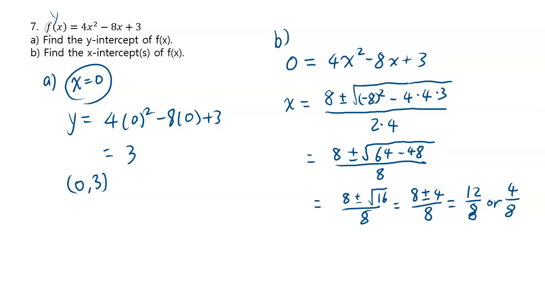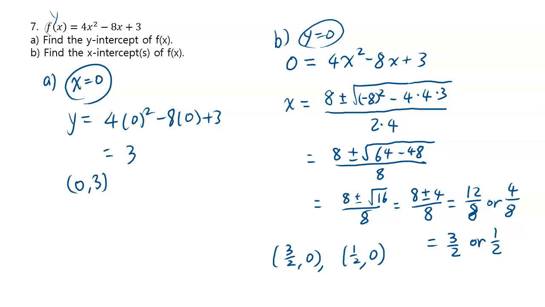Now, if you reduce these to the lowest terms, since the top and bottom are both divisible by 4, we're going to divide the top and bottom by 4. You get 3 over 2. Or, if you divide top and bottom by 4, you get 1 over 2. Now, remember, this is obtained by setting y as 0, therefore, the x-intercepts are (3/2, 0) and (1/2, 0).